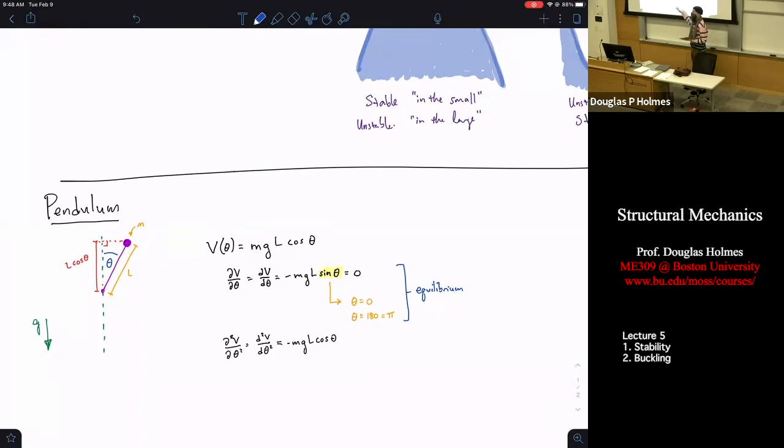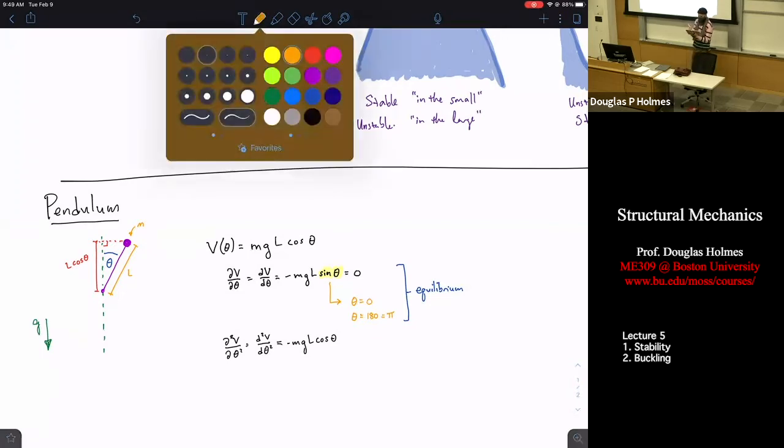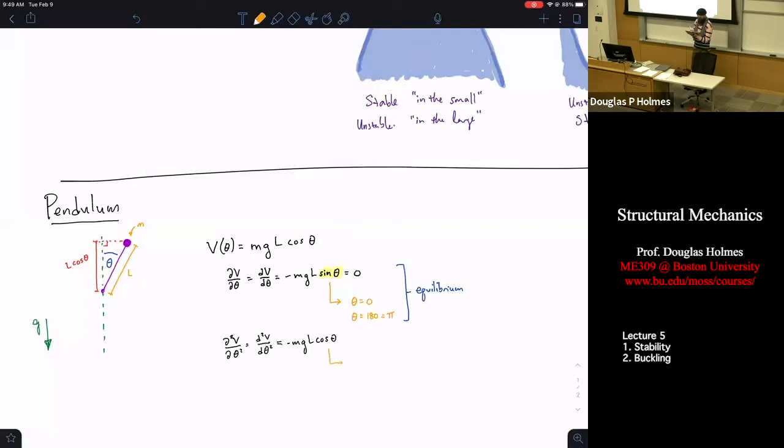Now, when theta equals 0, cos theta is equal to 1. This has a negative out front. So for theta equals 0, my second derivative is definitely negative.